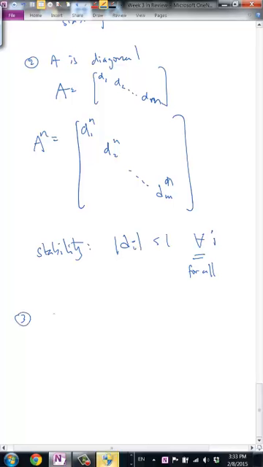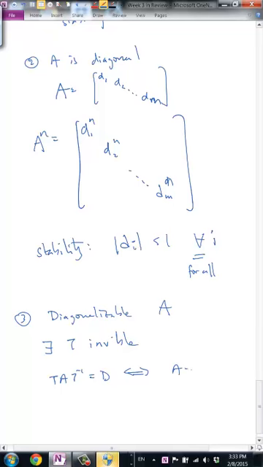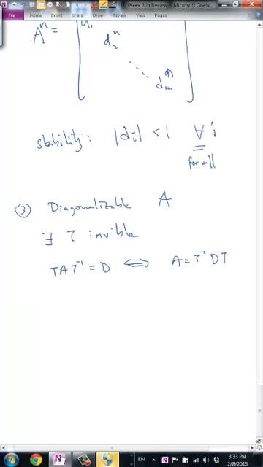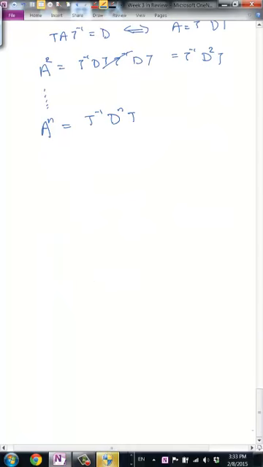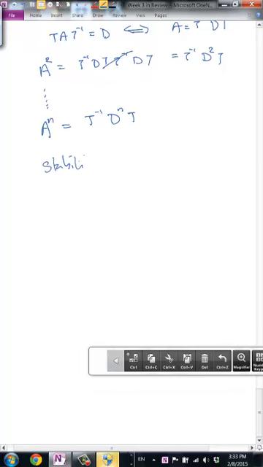What about diagonalizable? That's the next most complicated. For diagonalizable matrices A, there exists an invertible matrix T so that T A T inverse is a diagonal matrix, which is the same as writing that A is equal to T inverse times D times T. As we did with this exact calculation, A squared is equal to T inverse D T times T inverse D T. The T's cancel and we get T inverse D squared T. In general, A to the n is equal to T inverse times D to the n times T. So if A is diagonalizable, for stability, we need all of the di's to be, again, strictly less than 1.